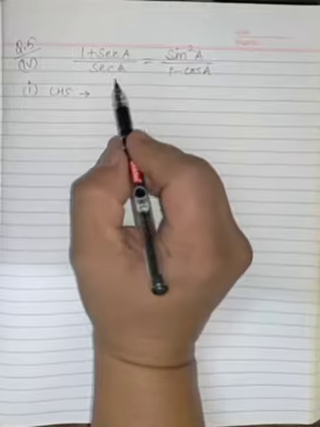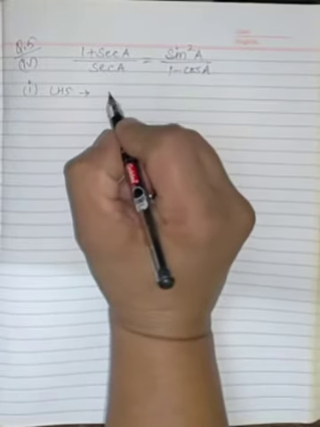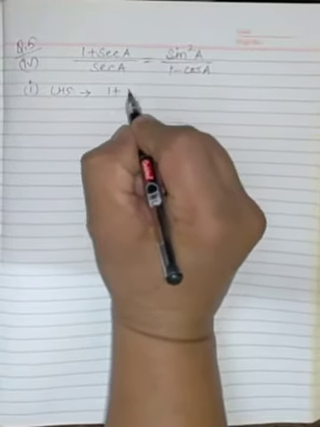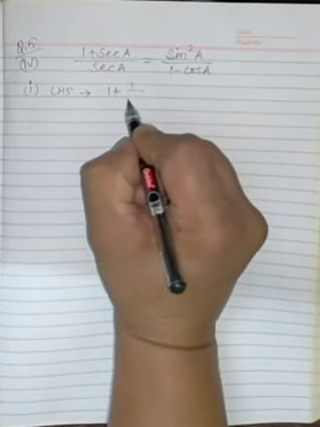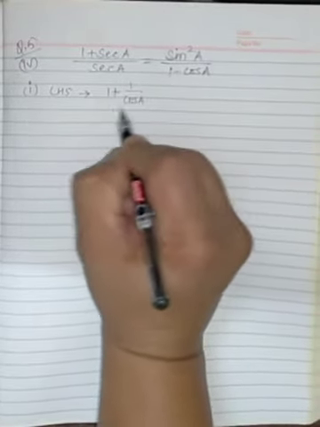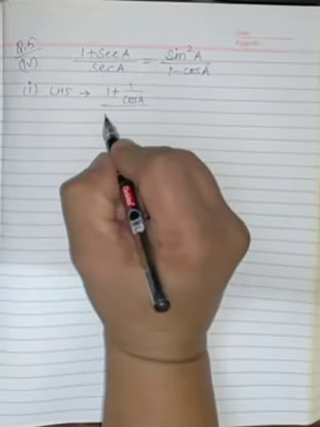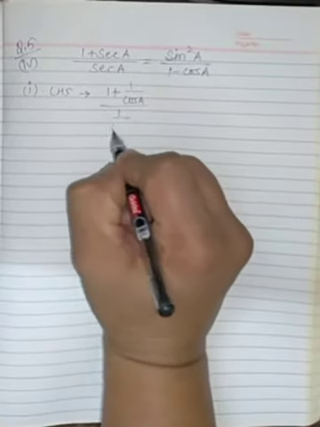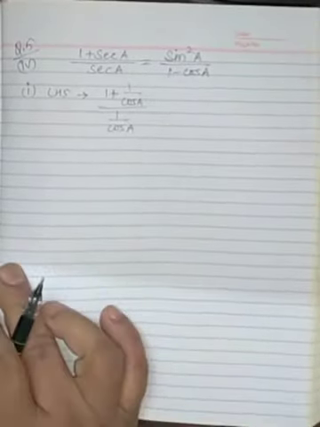So once again we will convert sec in terms of cos. So 1 plus sec a is 1 upon cos a upon 1 upon cos a.